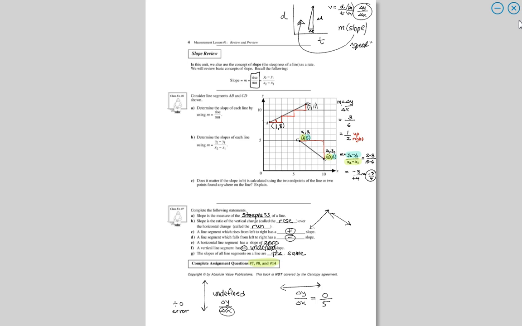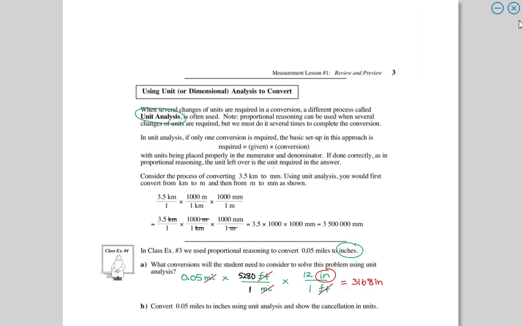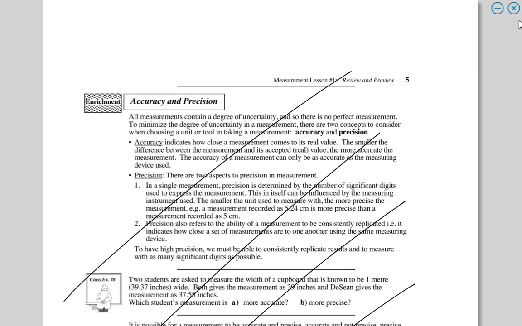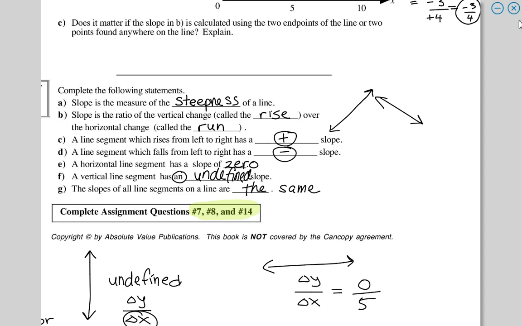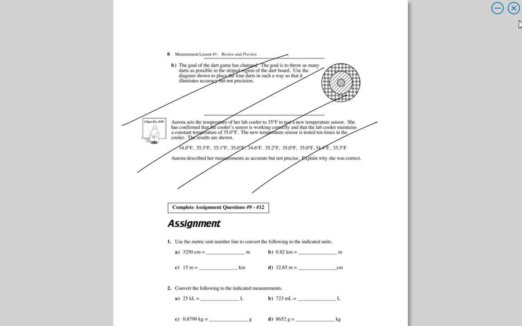So your homework is 1 to 6 and 13, and then 7, 8, and 14, and then you stop there. Don't do any of this accuracy, precision stuff. And your assignment starts here.